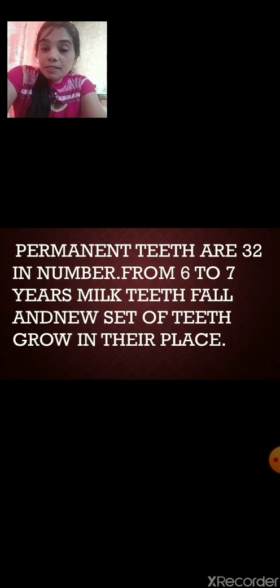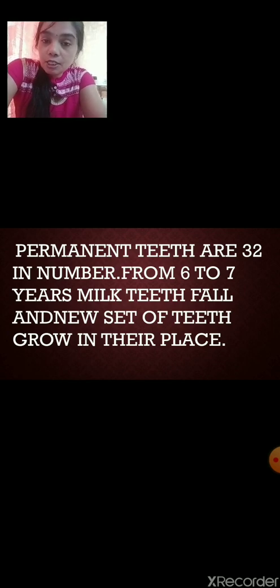And what are permanent teeth? Yes, when the child becomes an adult, he will have a set of 32 teeth. From 6 to 7 years, the milk teeth will begin to fall.